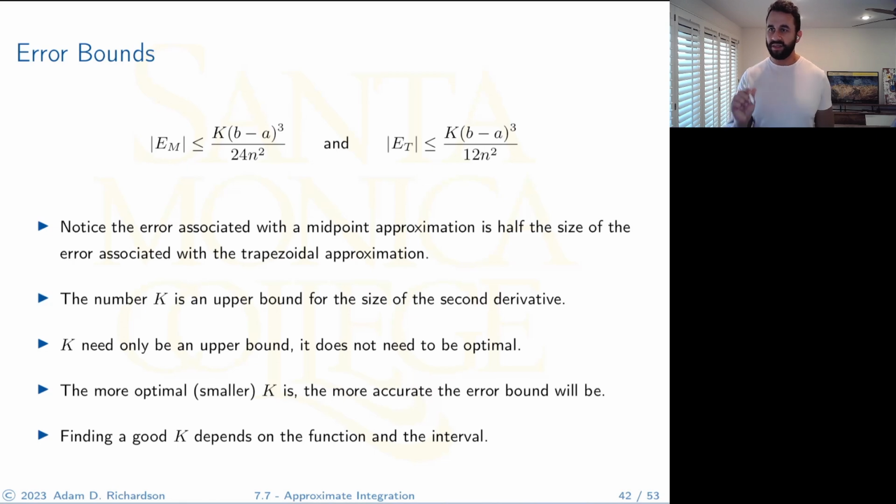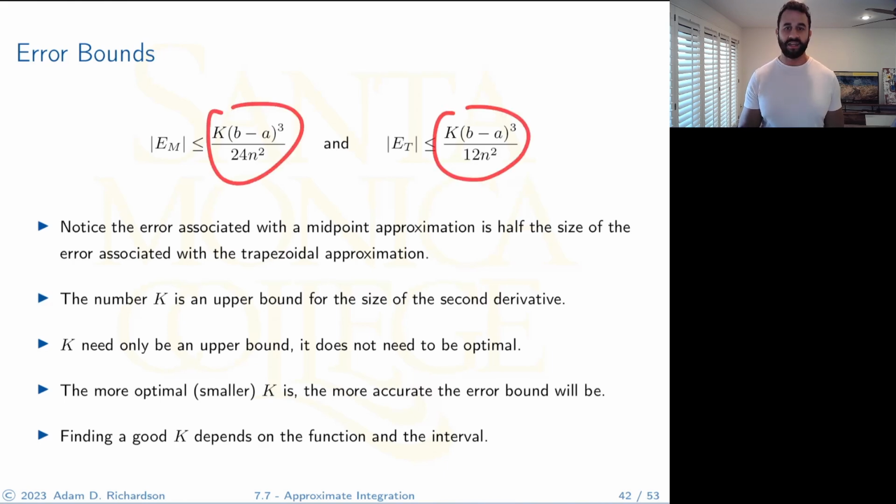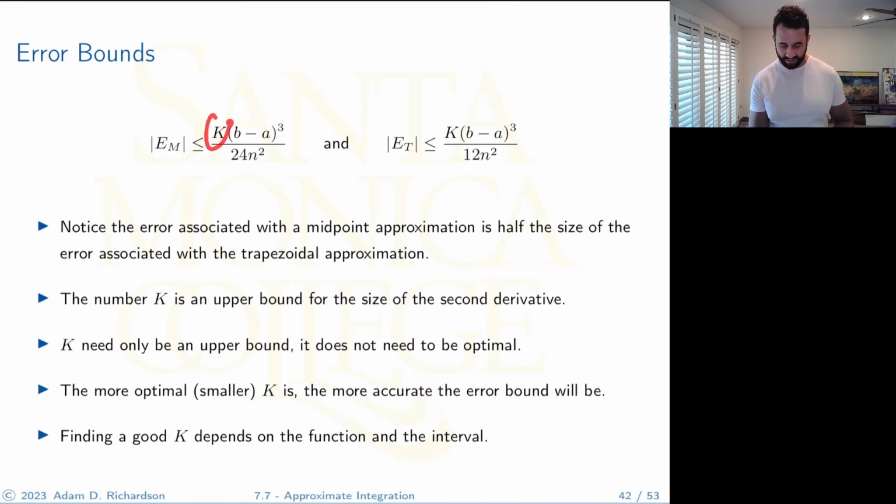They're not telling you what the exact error is. They're saying that the error can't be any bigger than this in size. It's an inequality, not an equality. So the better you choose k, the better your error bound is going to be.